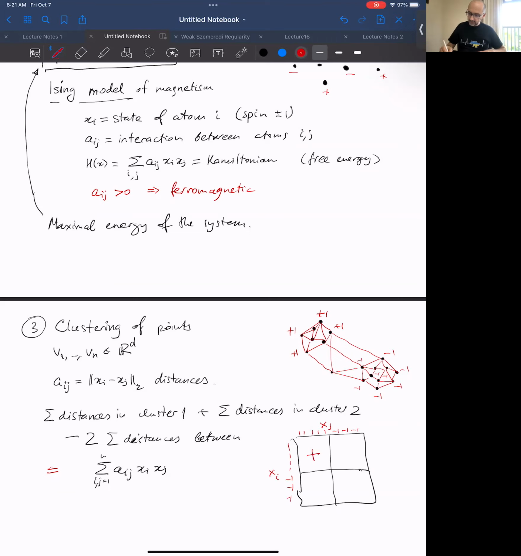The signs here will be plus, plus, minus, minus. So we need to minimize now, over x_i being plus or minus 1. Good. So we're adding distance in cluster 1, in cluster 2, and then subtracting twice the distance between the clusters.